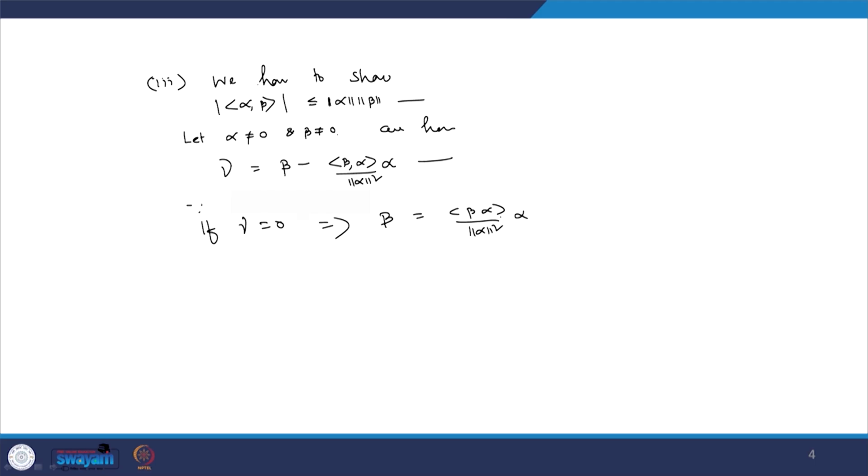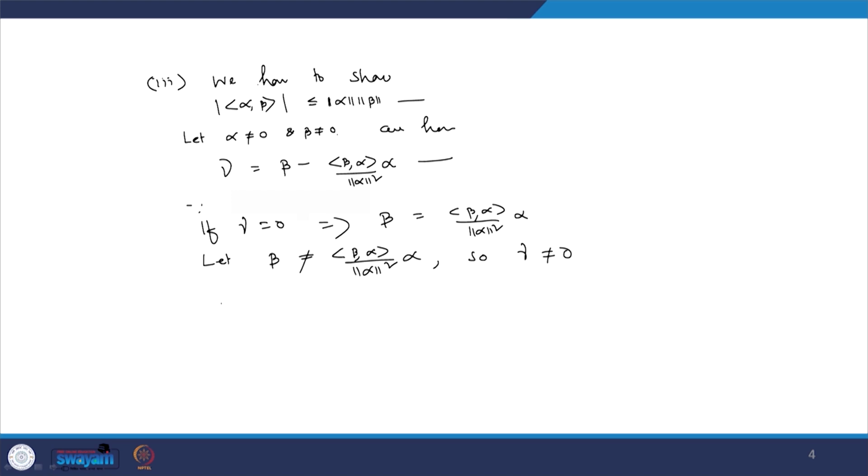So beta is basically a scalar multiple of alpha. Now let beta not equal to a scalar multiple of alpha. In that case, gamma is not equal to 0.